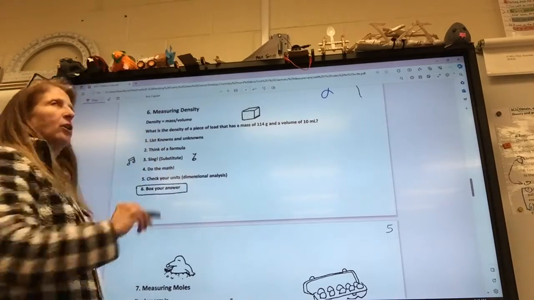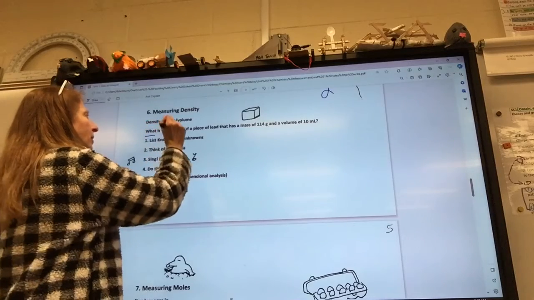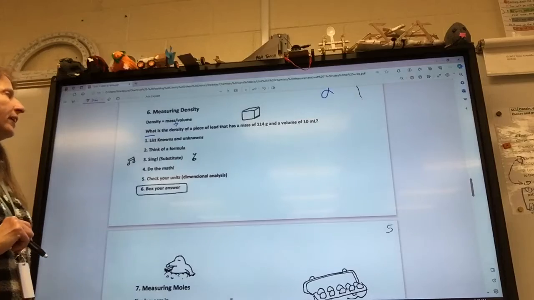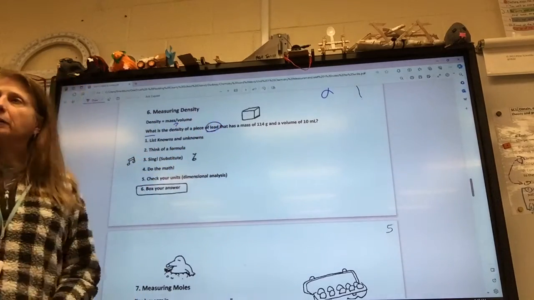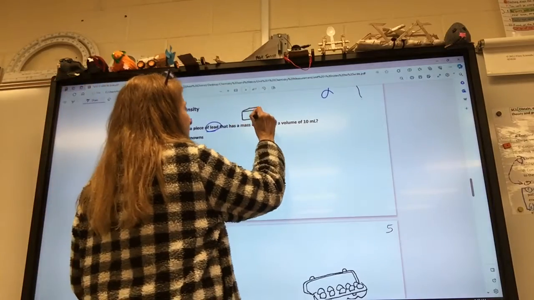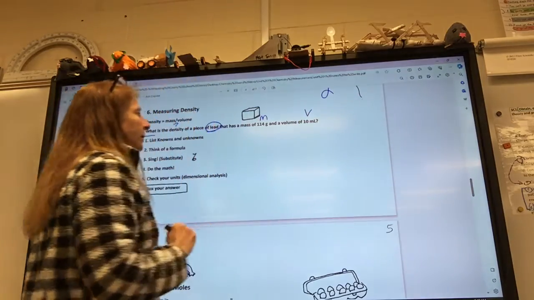The question word goes with density, so I know that density is what I'm looking for. So by density, I'm going to put a question mark. What is the density of a piece of lead? Lead is a chemical that might be important, so I'm going to circle it. That has a mass of 114 and a volume of 10 milliliters.